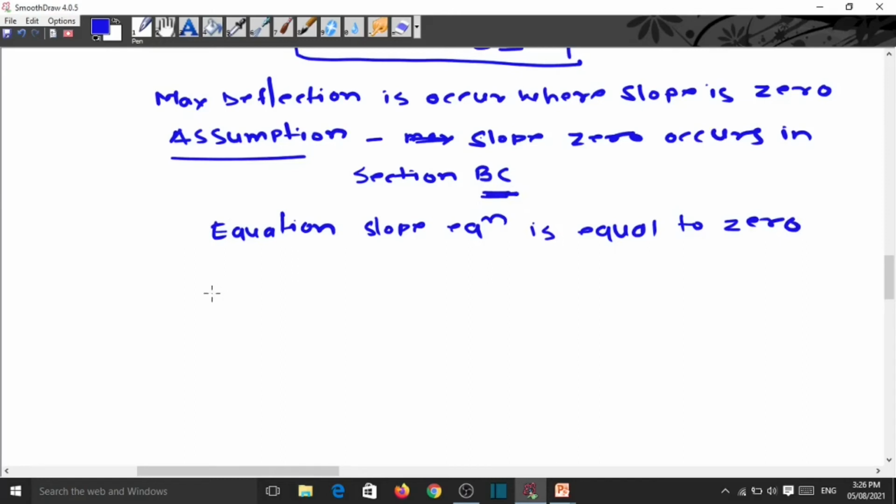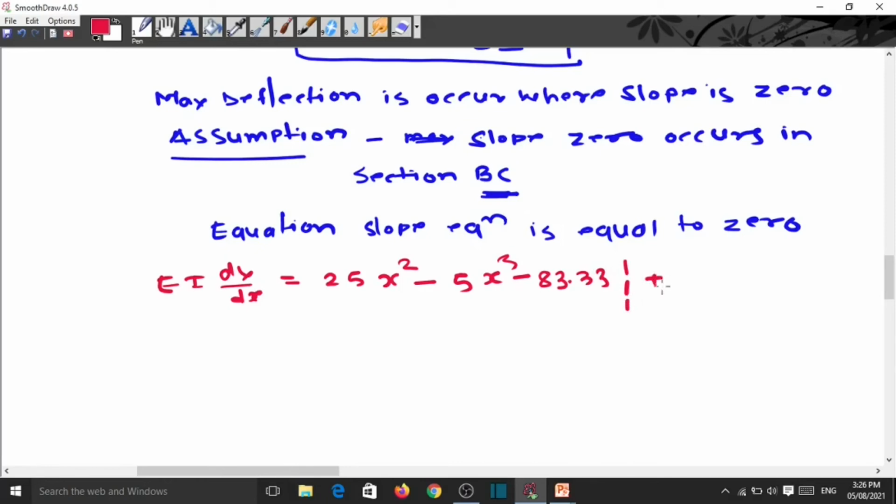So our slope equation is, first write here, EI dy by dx is equal to 25 into x square minus 5 x cube. Now here minus 83.33 is the c1. Then here the section plus 5 into (x minus 2) raised to power 3.